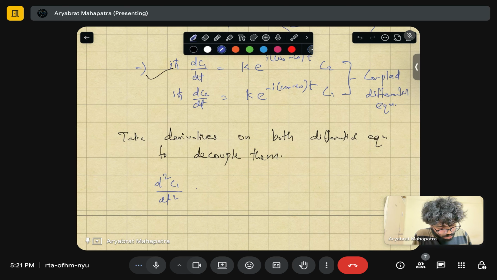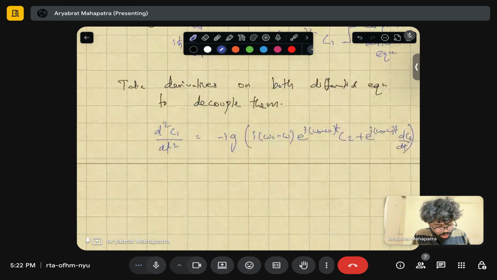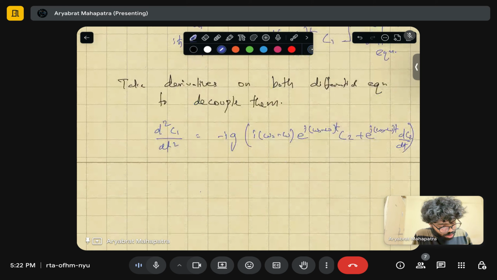You will get on the right hand side, you again have to take the derivative from there. You will get minus i c, i omega naught minus omega, exponential i omega naught minus omega t dc2 plus exponential i omega naught minus omega t dc2 by dt. And here you can use minus ic.